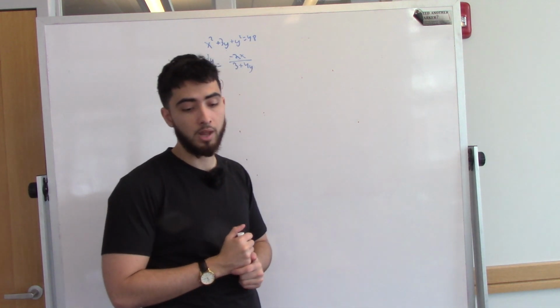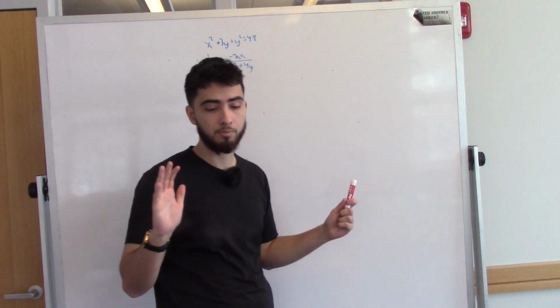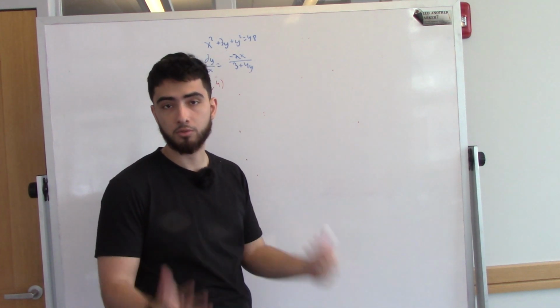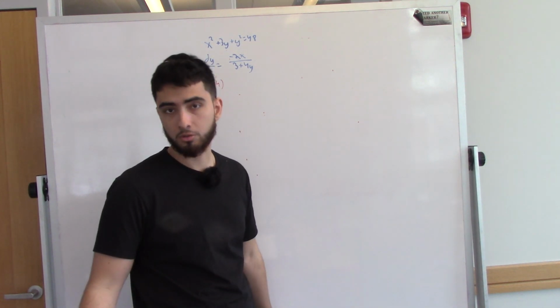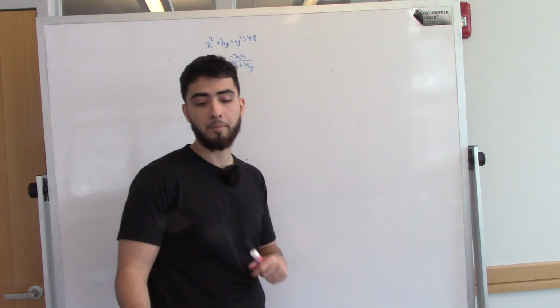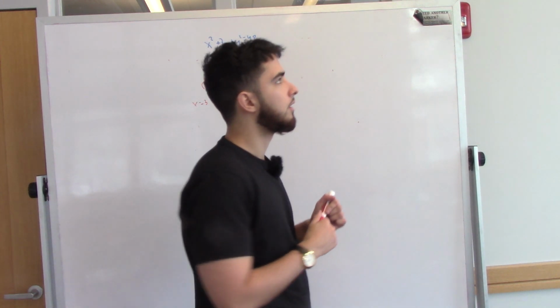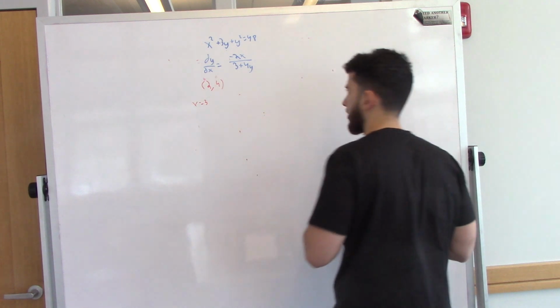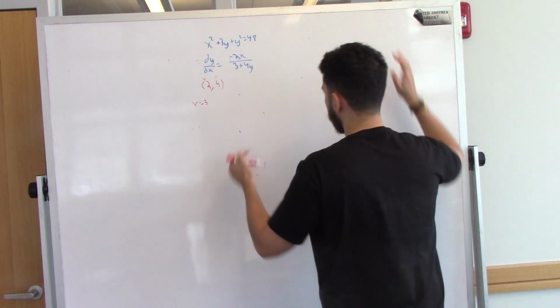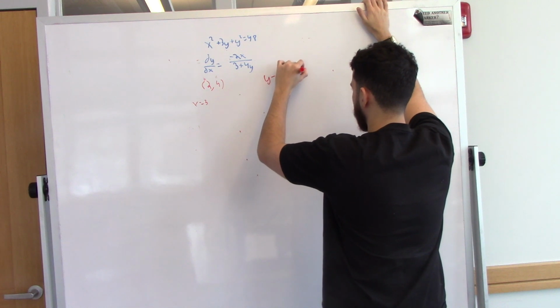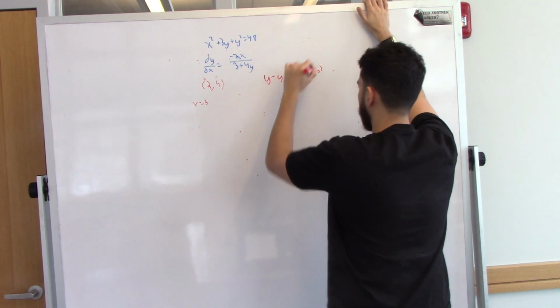Part A, at some point on the curve near the point (2, 4), there's another point with x coordinate of 3. We don't know what the y coordinate is, but we want to approximate it using the tangent line. Okay, well, tangent lines, approximations, sounds like we're going to need point slope form, which is y minus y naught equals the slope times x minus x naught.